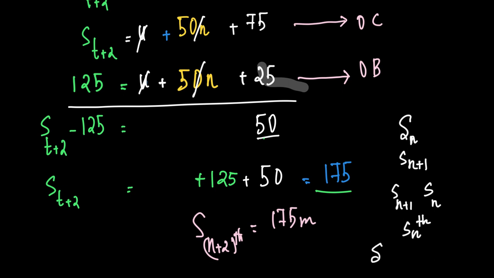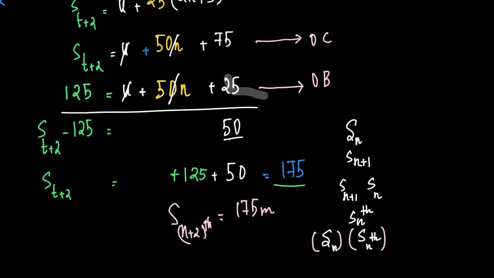We differentiated between Sn and Snth. Then we solved this problem using Sn first and then using Snth. I hope you should be able to differentiate between these two. Now there's another shortcut way of solving this question, which is based on the formula. Let me discuss that in the next part.